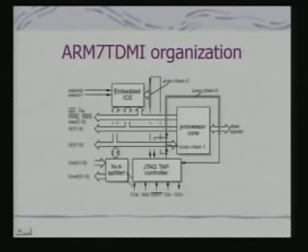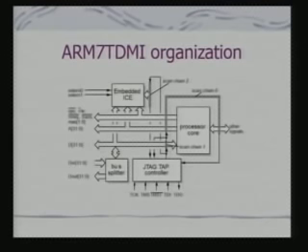Fundamentally, these are the two blocks, the JTAG tap controller and embedded ICE. In fact, this JTAG tap controller is a kind of port which enables direct communication with the processor core for the purpose of debugging and running the software.